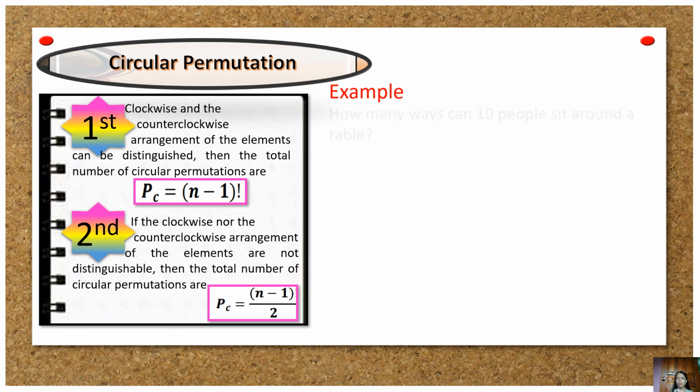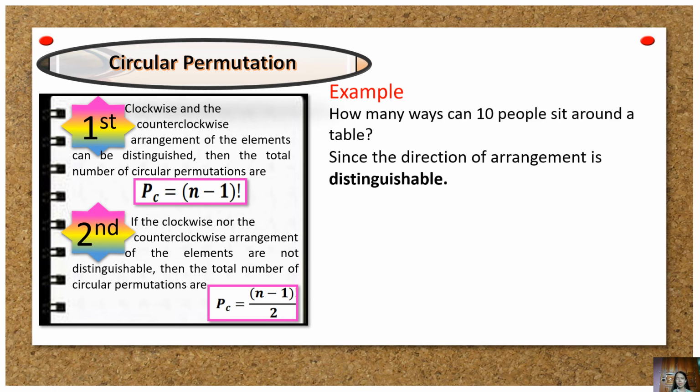An example is, how many ways can 10 people sit around the table? Since the direction of the arrangement is distinguishable, we have to use the first case, where your n is equal to 10. Since it is a circular table, 10 minus 1 factorial will be 9 factorial.